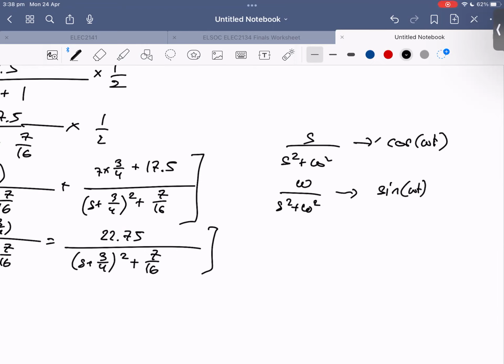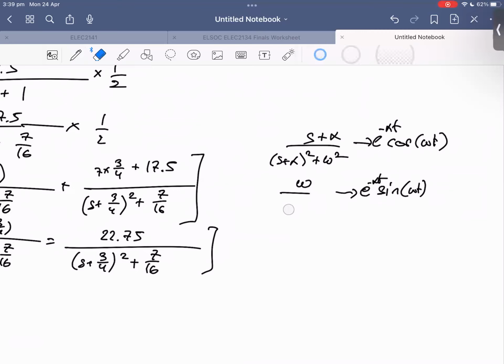If you want to add the exponential, e to the minus alpha t, you just replace s with s plus alpha. So s plus alpha squared plus omega squared. This is also in the usual Laplace transform table. Cool.